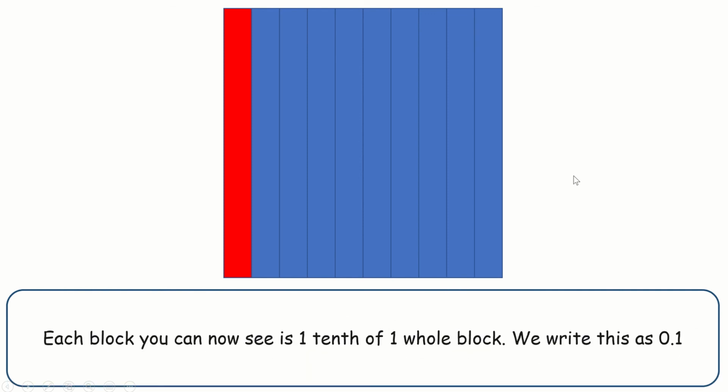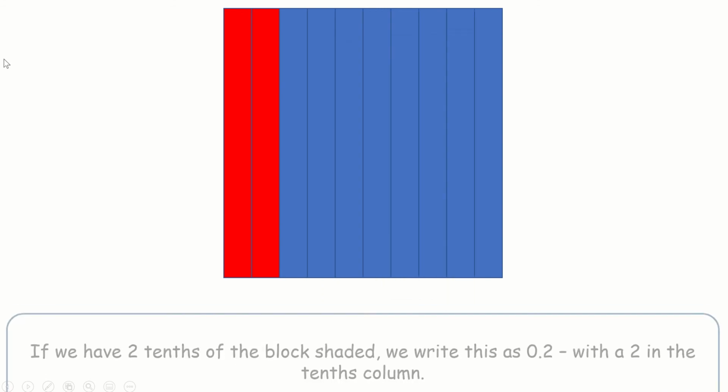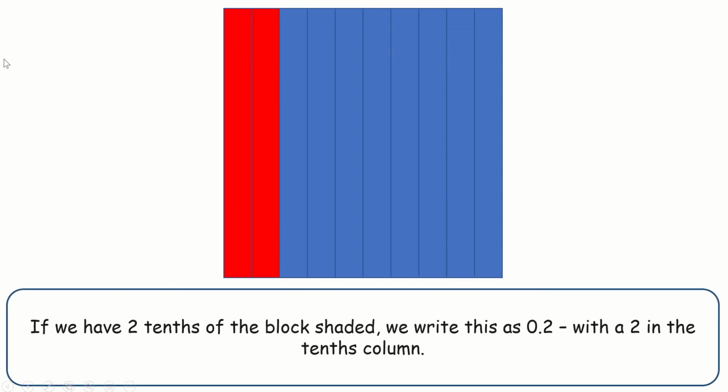What that means is 1/10 or 0.1. If we have a look at what that looks like on a number line, we have 0.1 here. So it means 1 is split into 10 pieces. Something like 2/10 would be 2 out of 10, which we would write as 0.2.